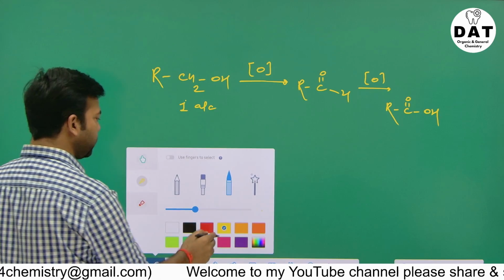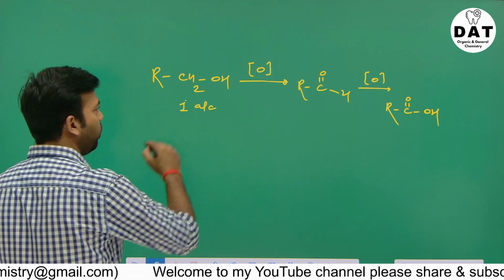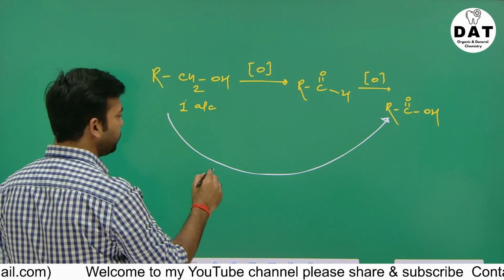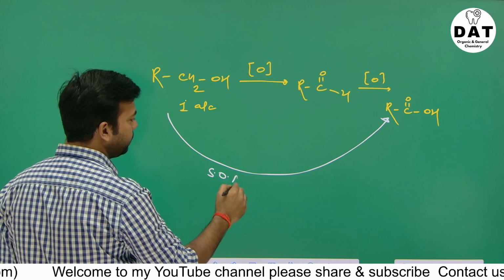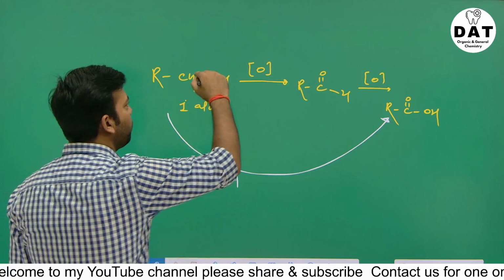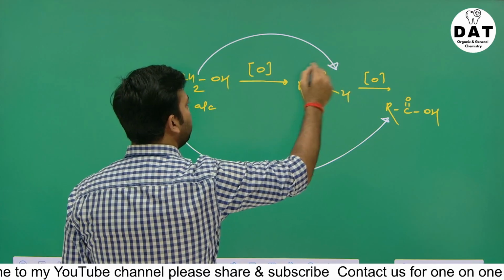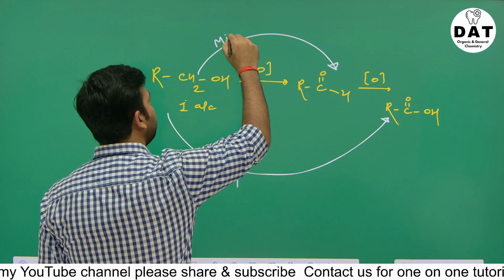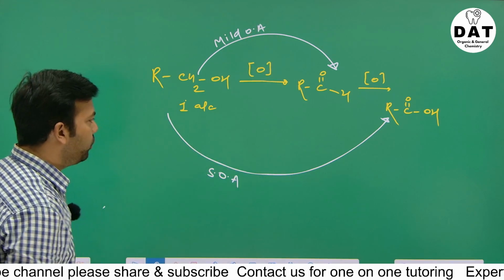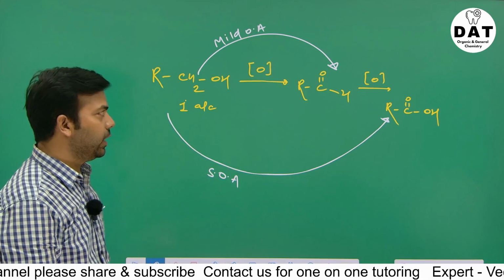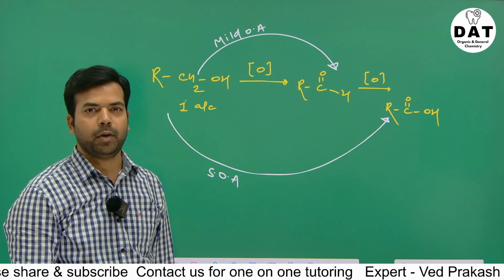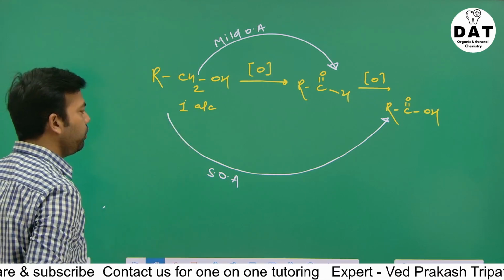So this oxidation from primary alcohol to acid is carried out by a strong oxidizing agent. And if you have to stop the reaction at aldehyde from primary alcohol, this is a mild oxidizing agent, clear? So we can categorize the oxidizing agents in two parts, a strong as well as a mild one. So this is the story of primary alcohol.